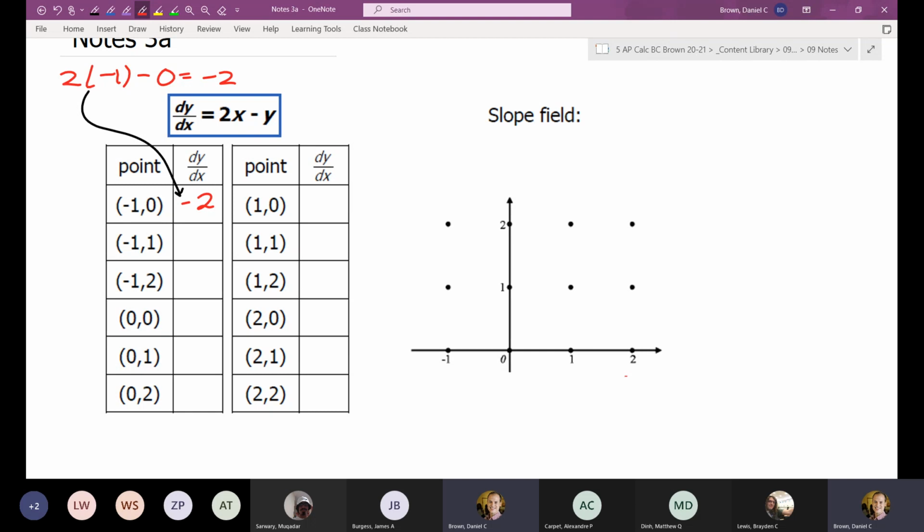And of course, once you finish, when I check it, it's going to be on the next slide, just so you can see a computer generated one.